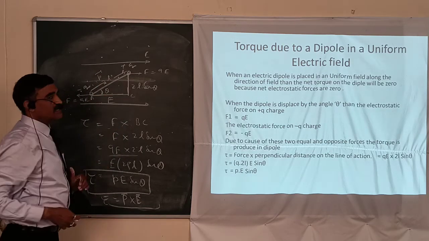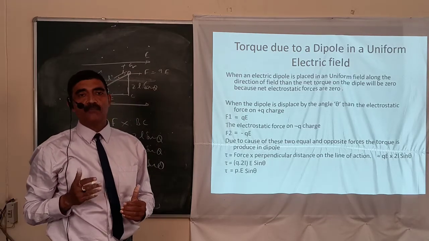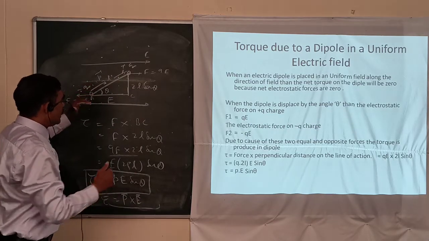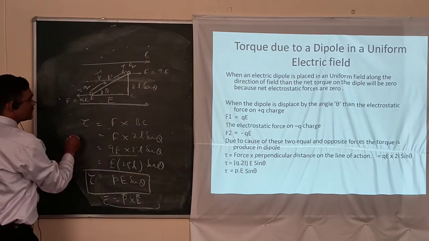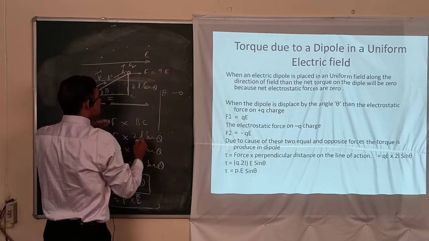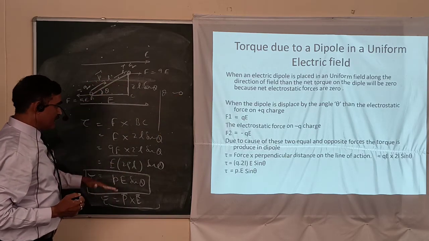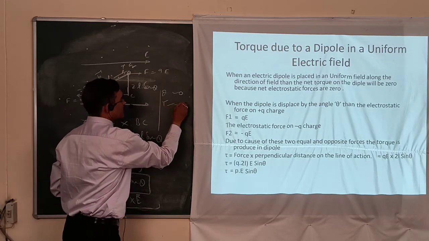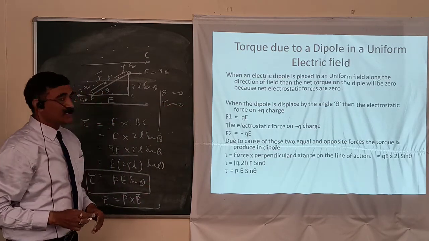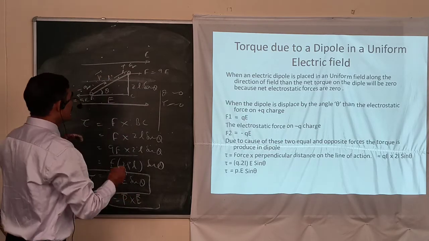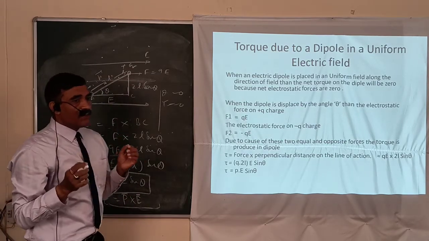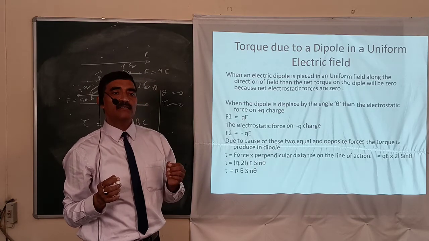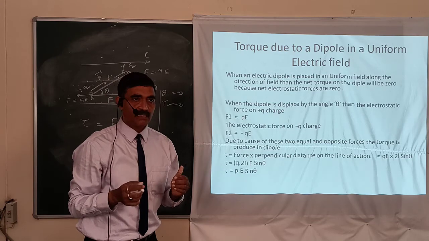In this case theta is the angle between the dipole moment P and the electric field E. When theta is equal to 0, the dipole becomes parallel to the electric field. So in that case, if we put the value of theta 0, then the torque will become 0, no torque will act. This is known as stable equilibrium. Stable means if in that position we slightly displace the dipole, it will come back to its original position. That is a stable equilibrium.